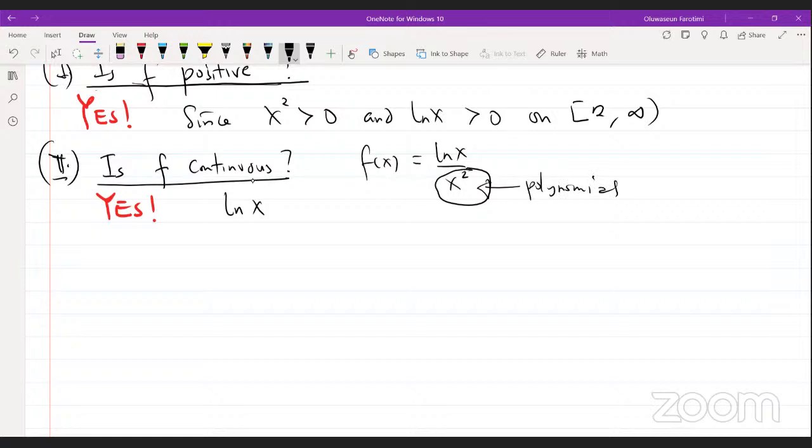So that means my emphasis has to be on the top. If f of x equals ln of x divided by x squared must be continuous, then both the top and the bottom have to be continuous.